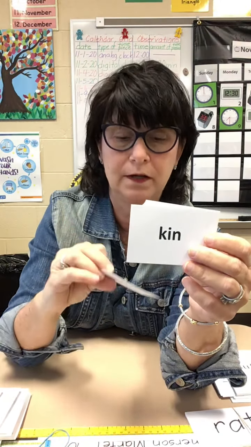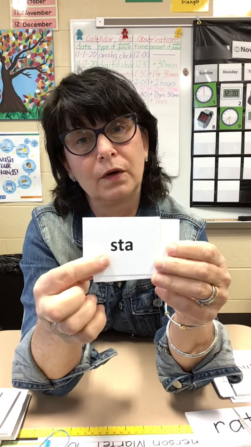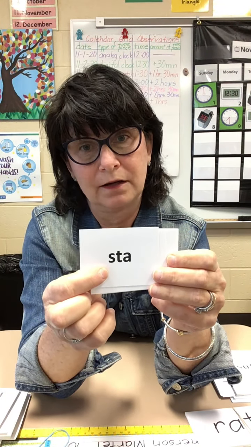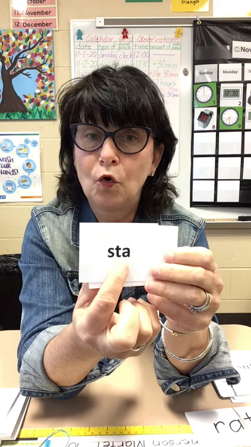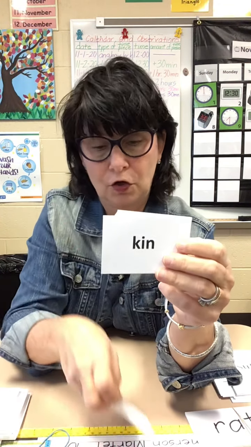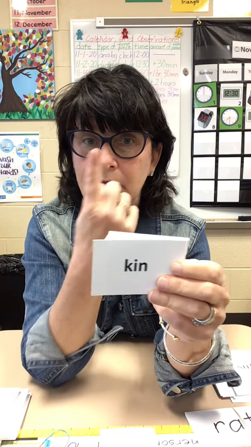This might be a syllable that you would hear in the word Kindle, like a Kindle Fire, which is a tablet. This one might be a syllable in the word station, like the fire station. So open syllable, the vowel says its name. Closed syllable, the vowel says the one that has the motion, short vowel.